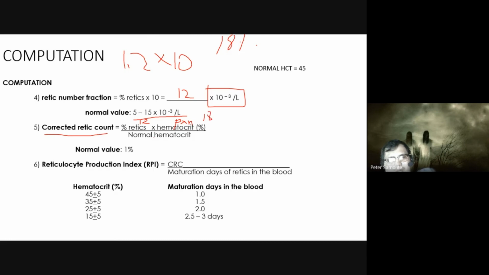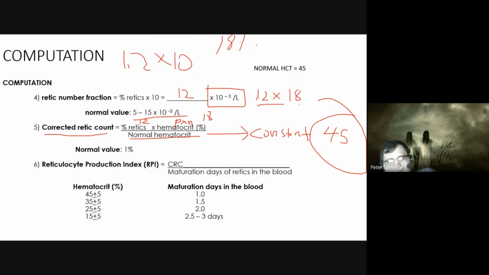Then the normal hematocrit here, class, is a constant: 45. Meaning it's always 45. So 1.2 times 18 divided by 45, you would get 0.48%. That's low, class. The normal value is 1%.